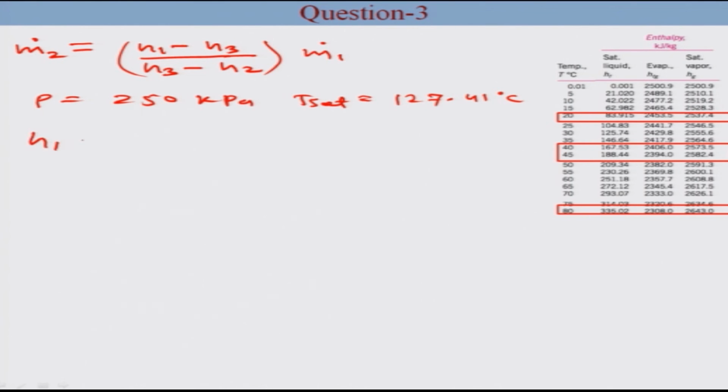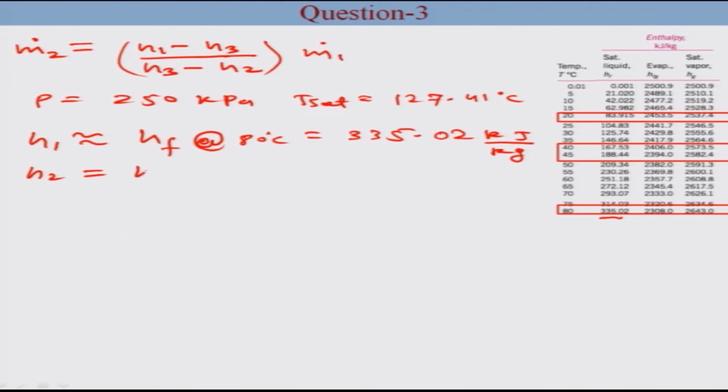So h1 will be equal to enthalpy of fluid at 80 degree centigrade from the saturated water table, which is listed here. So enthalpy would be 335.02 kilojoule per kg. h2 will be enthalpy of the fluid at 20 degree centigrade, which is 83.915.